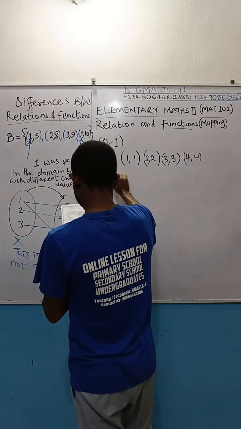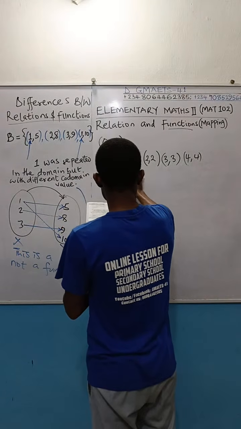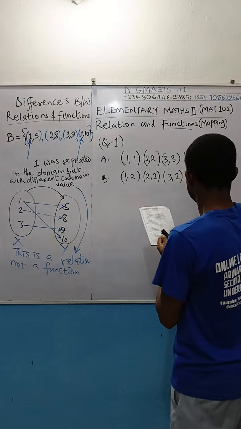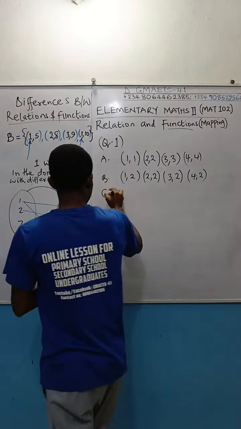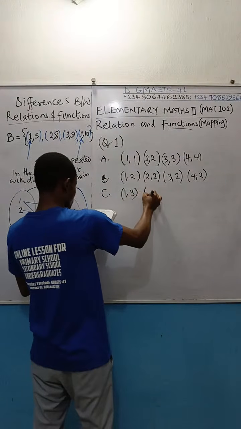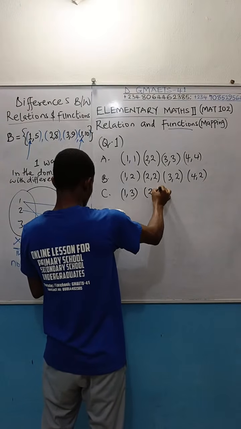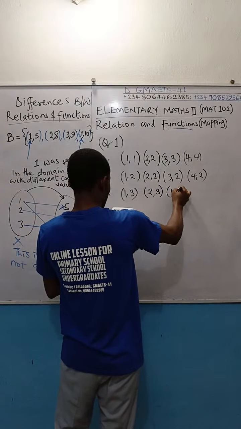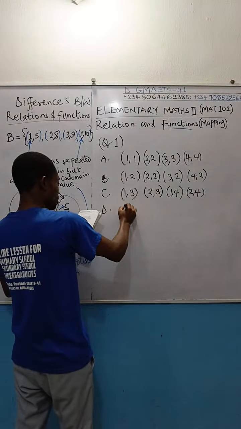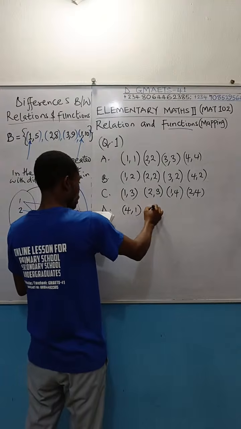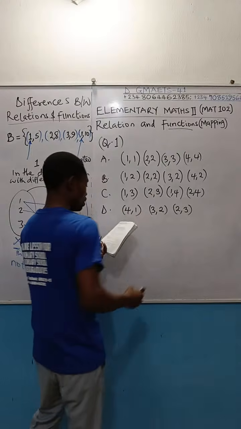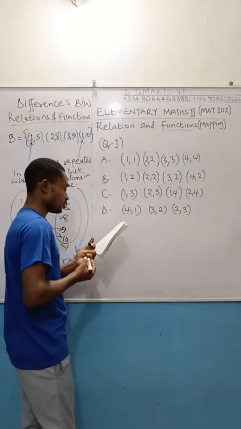Option B: (1,2), (2,2), (3,2), (4,2). Option C: (1,3), (2,3), (1,4), (2,4). Option D: (4,1), (3,2), (2,3). So that's what we've got here.